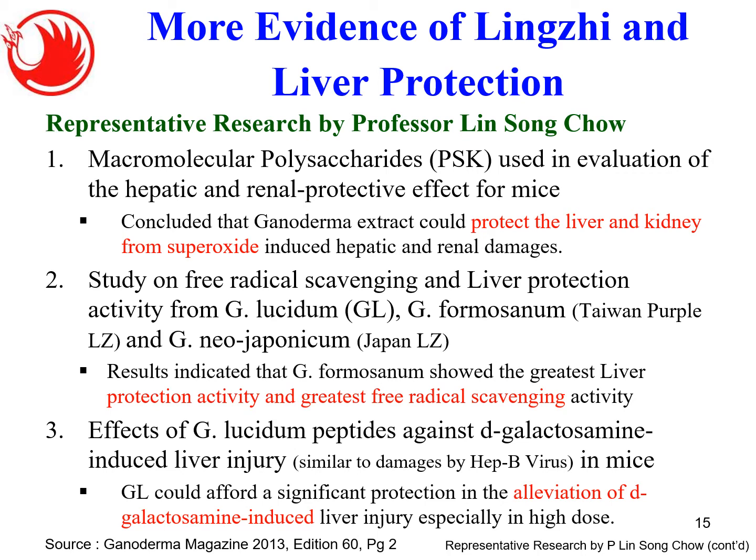The third one, they did an experiment to look at the effect of Ganoderma lucidum against liver injury. This liver injury is purposely induced by a chemical to damage the liver, similar to the damage caused by hepatitis B virus. They used mice for this experiment.